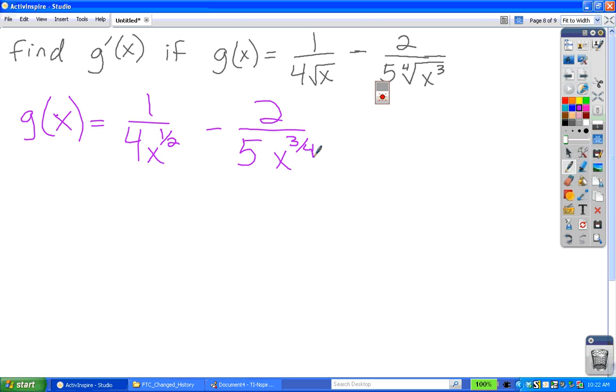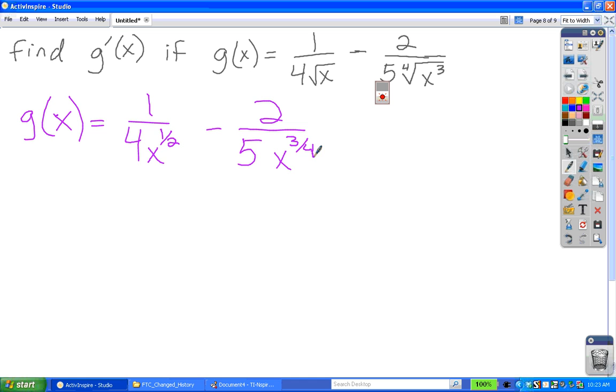And now that we've rewritten those as exponents, if we left it like this, we would need to use the quotient rule, which would be very messy. There's an easier way we can do this. We're going to follow the rule of exponents that says if it's 1 over x to the something power, we can just write that as a negative exponent if we bring it into the numerator.